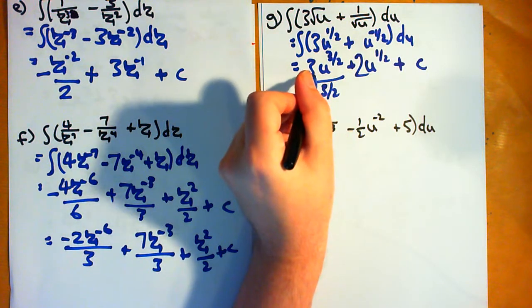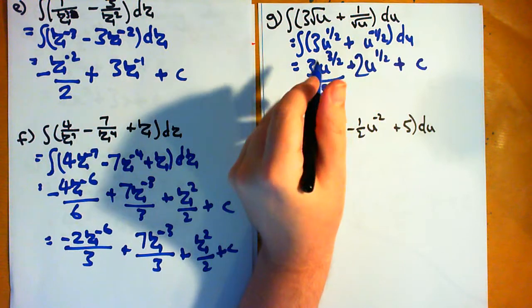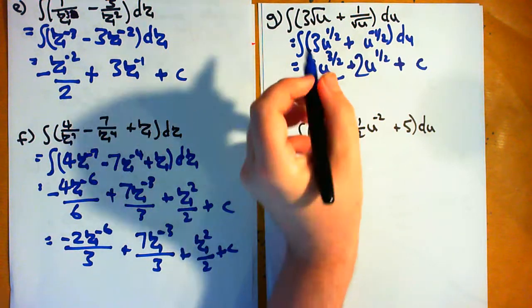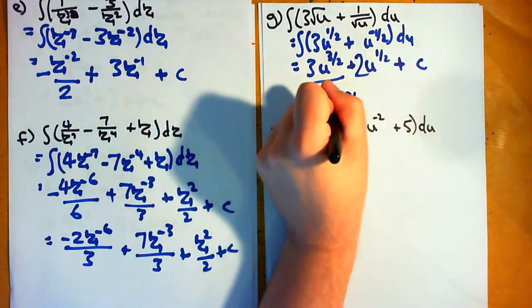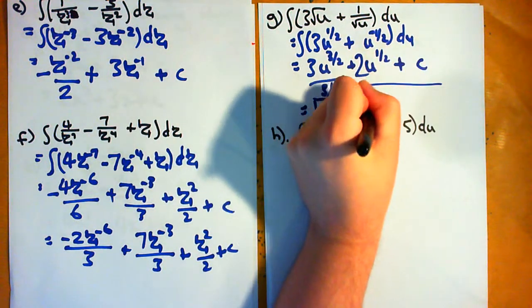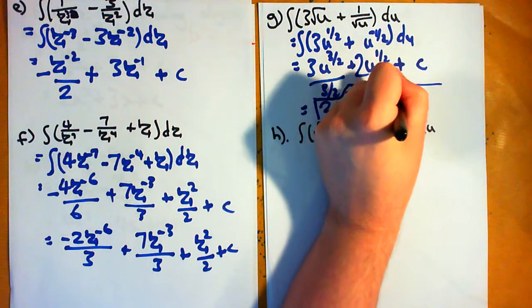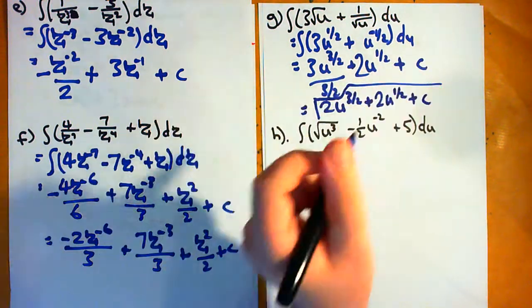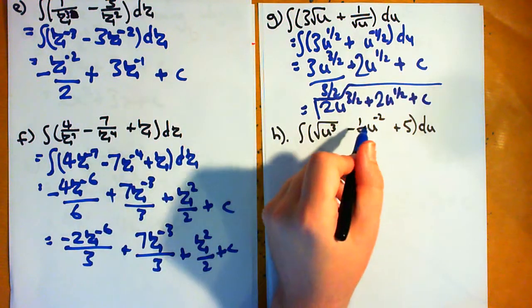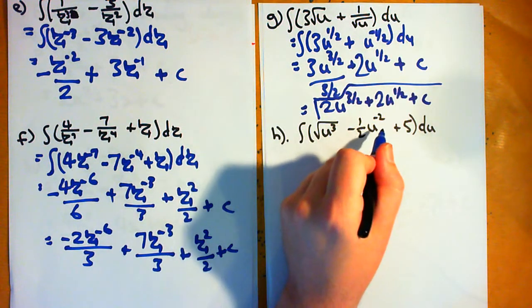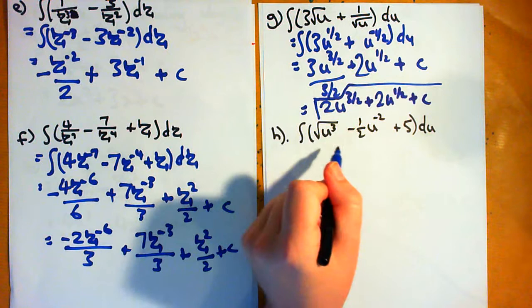So we've got 3 upon 2 times 2 upon 3, which is 2 u to the power of 3 upon 2 plus 2u to the half plus c.